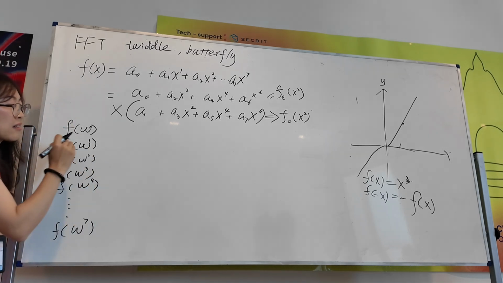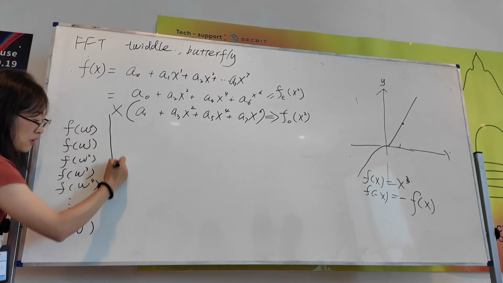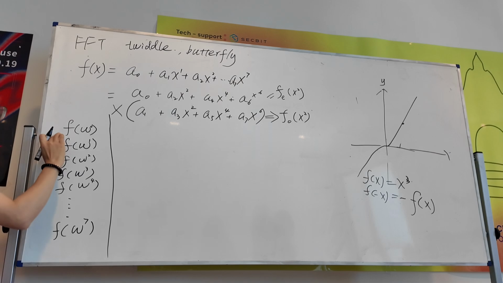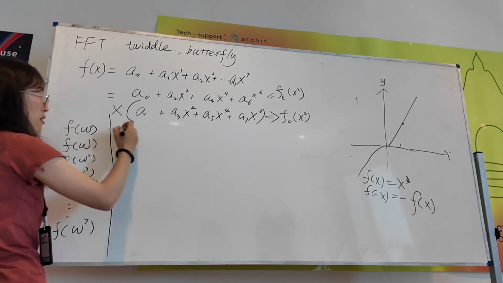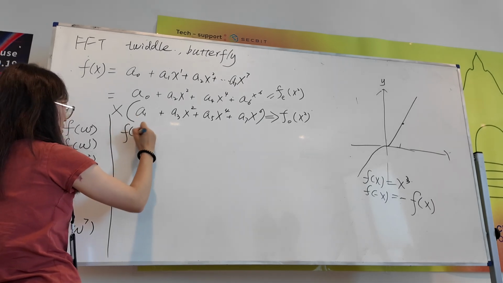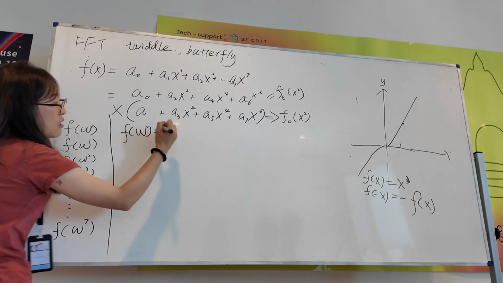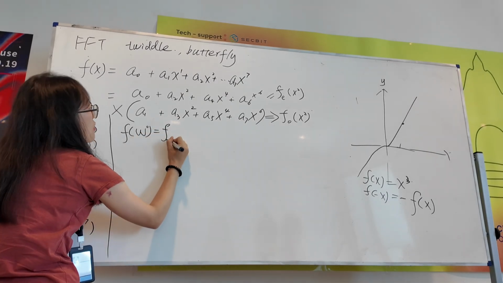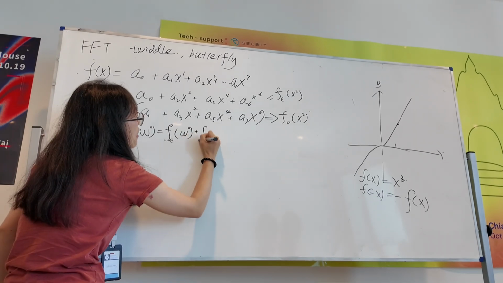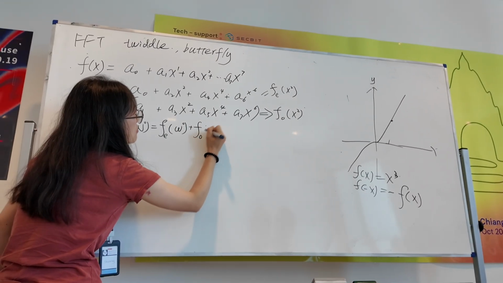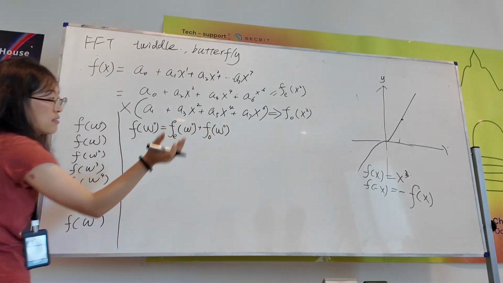And how I want to compute it, I use the same inspiration. For the next step, I start to do the split of the polynomial. So the first value is equal to f even of omega^0 plus f odd of omega^0. This should be squared, but it gives the same value.